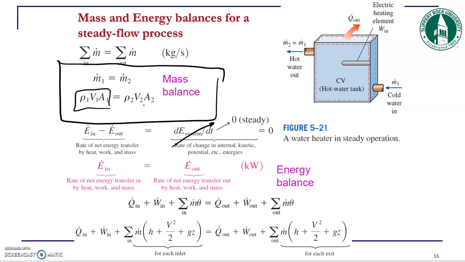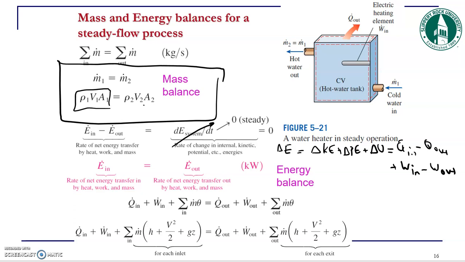So from the energy balance definition, remember again, let me write it here. So for a closed system again, delta E was equal to delta kinetic energy, delta potential energy plus delta U, and that was equal to Q in minus Q out plus W in minus W out, right?